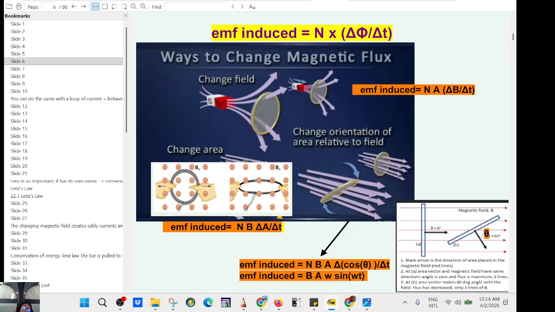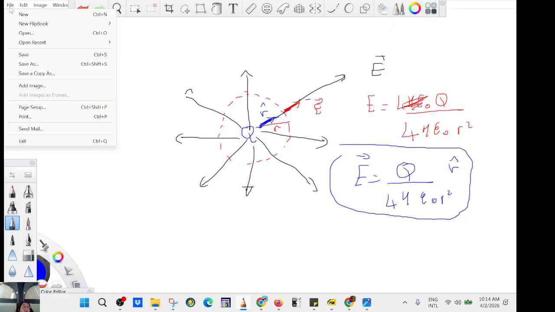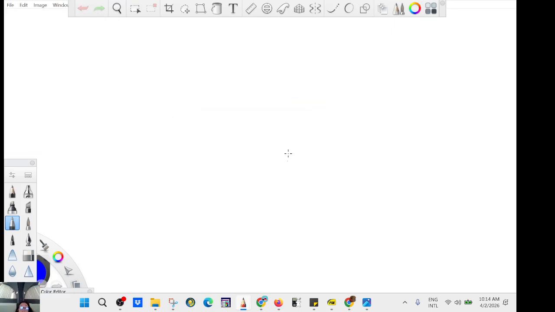Okay, let me make it clear, and then we'll take an example. But go back to the first unit to remember what a flux is. Okay, so flux, it's got the dot product between B and A. A, in that case, it's going to be an open surface.